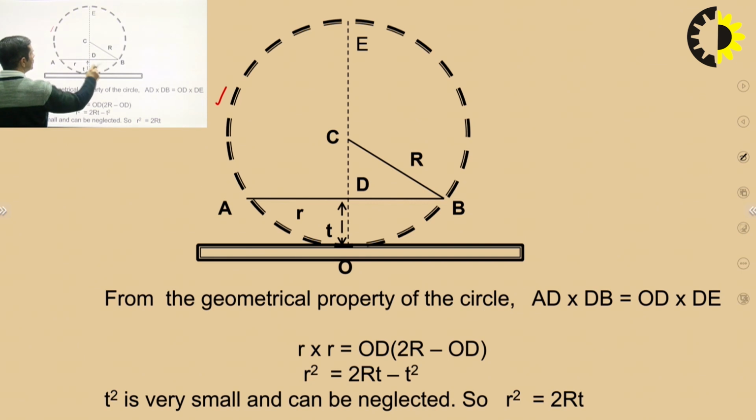Here this AOB is the plano-convex lens, and this lower part is a glass plate. If the radius of curvature of the plano-convex lens is capital R, then this distance CB will be equal to R. Also this distance CO will be equal to the radius of curvature of the plano-convex lens, so it is also equal to capital R. Now we will take this property: AD into DB is equal to OD, this distance, into DE.